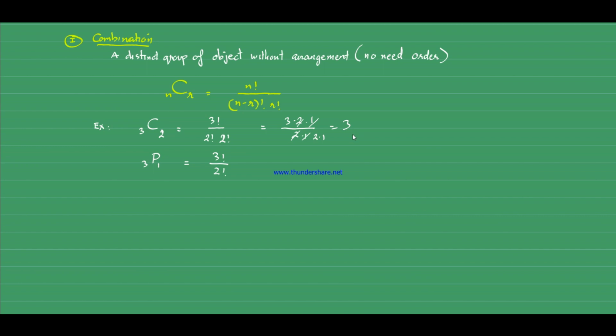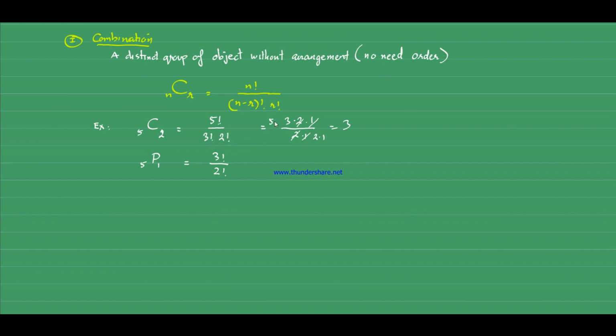Maybe I need to change another number so that it's easier for you to compare. How about if I change this to 5? Let's see which one is bigger. We're going to end up with 5 factorial, then 5 minus 2, 3 factorial, and 2 factorial.